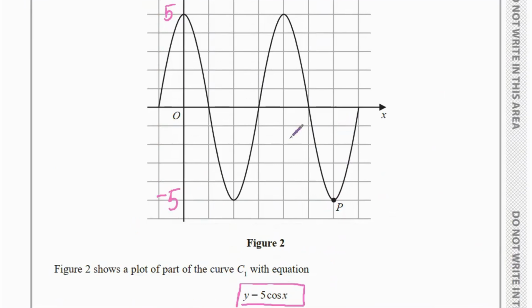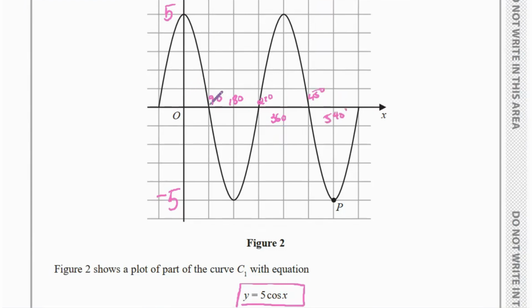For the x coordinate, we know this is 0, this is going to be 90, this is 180, 270, 360, 450, and then 540.